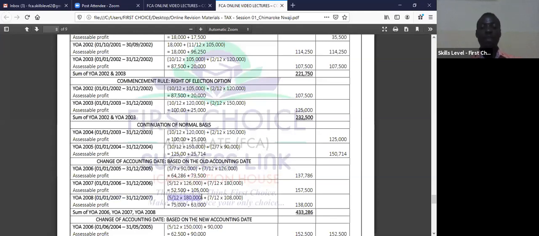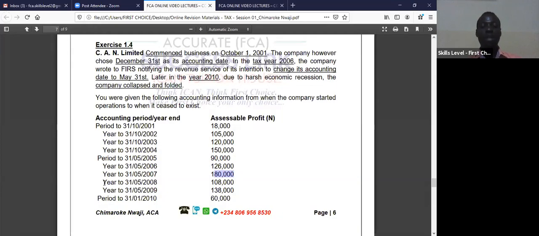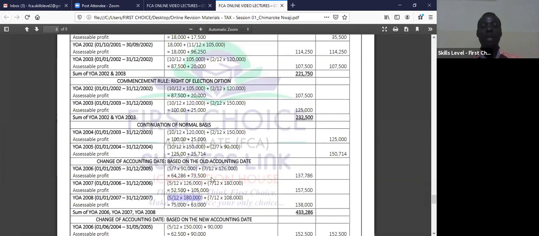That's January to May. Where is June to December? June to December will be in the next period. So we are going to take 7 months remaining. 7 over 12 of 108. That's what we just did here. 7 over 12 of 108 gives me 63,000.